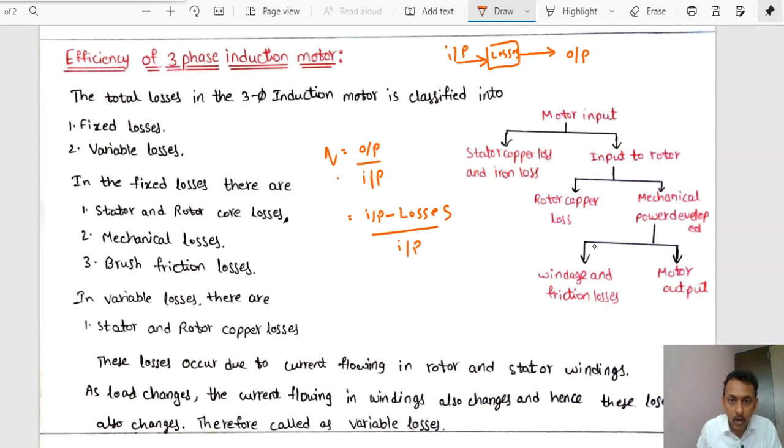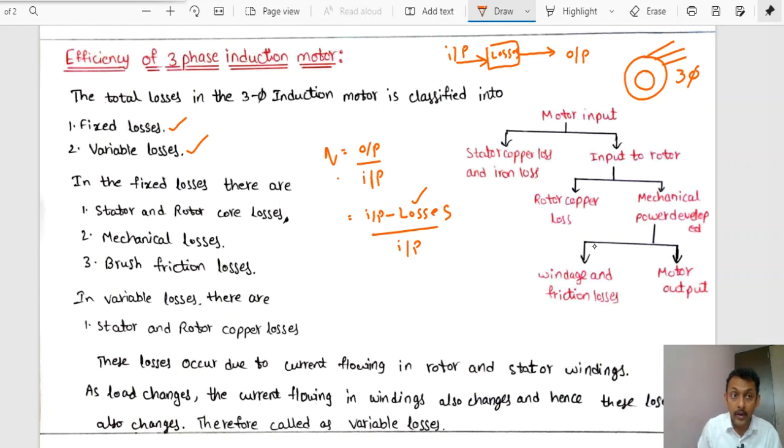So with respect to the losses for a three-phase induction motor, what could be the different losses we are having? We will be classifying them as fixed losses and variable losses. As we are having a stator part and also a rotating part. For the stator, we have given a three-phase supply, right?